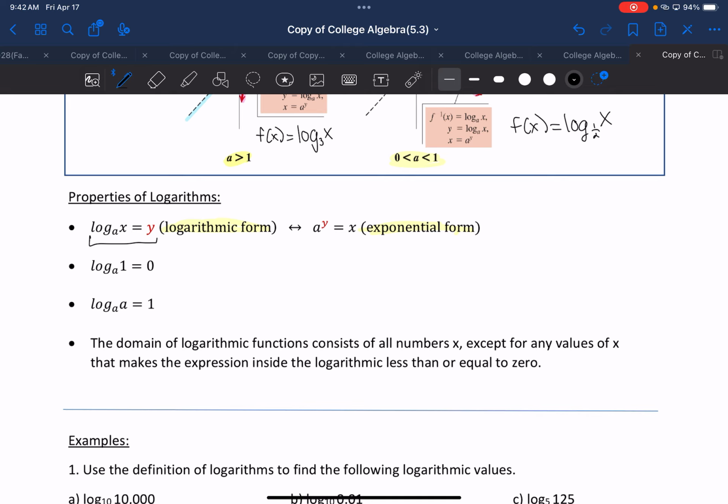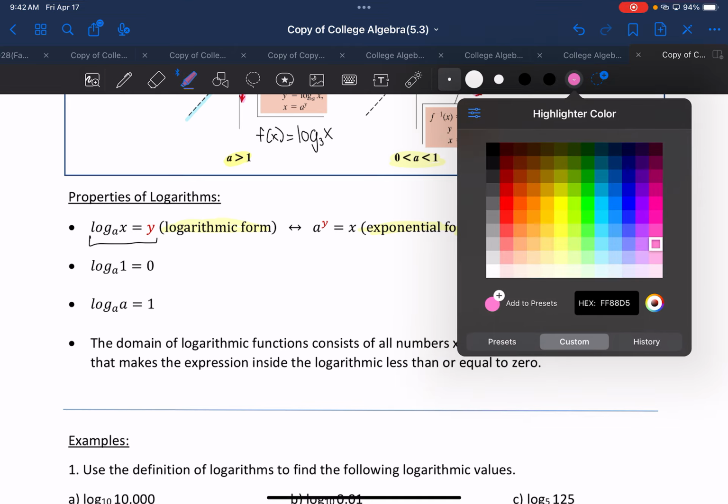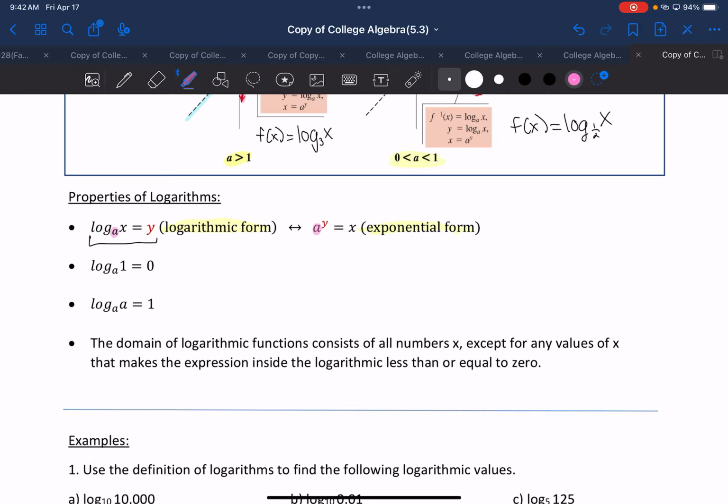So I just take the base a and raise it to the power of y, because what the log is equal to is always the exponent.